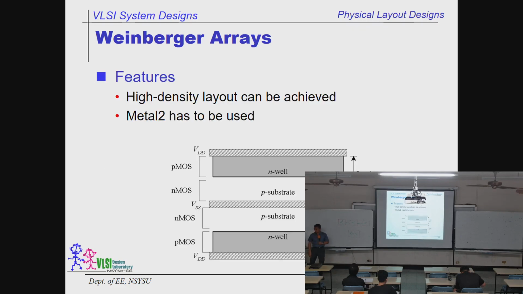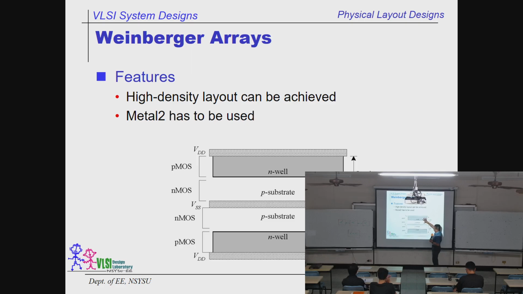And this is called the Weinberger arrays. With Weinberger arrays, if we don't need the channels, let's assume we have a very tight and compact design already, all the blocks, all the buildings, can be flipped together. Why is that?